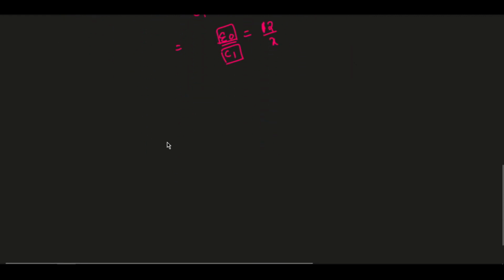So all we need to do right now is essentially X equals 12 into C1 divided by, wait, hold on. Yeah, divided by epsilon naught.